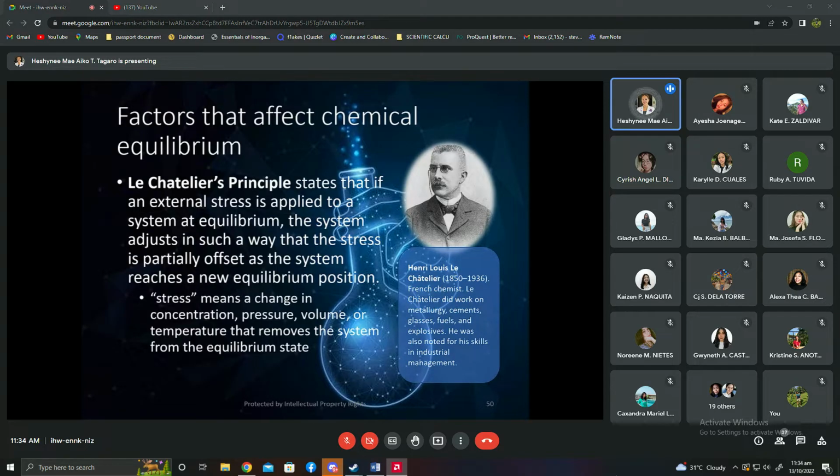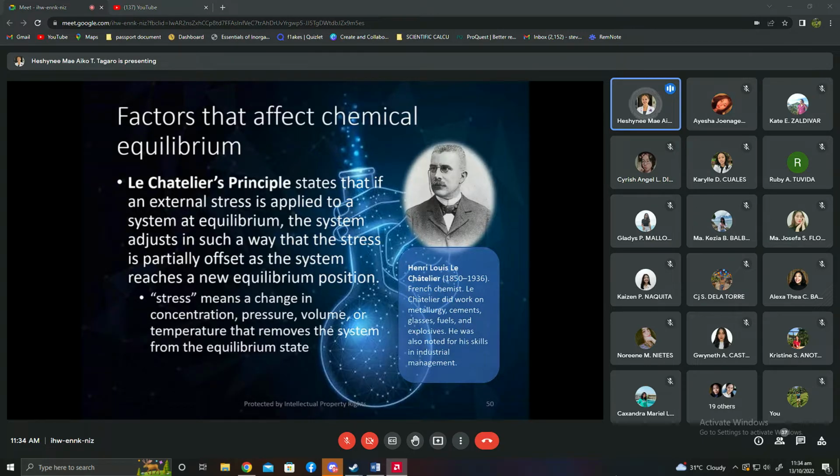The rule, known as Le Chatelier's principle, states that if an external stress is applied to a system at equilibrium, the system adjusts in such a way that the stress is partially offset as the system reaches a new equilibrium position.